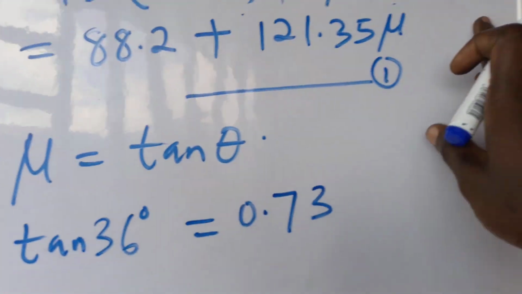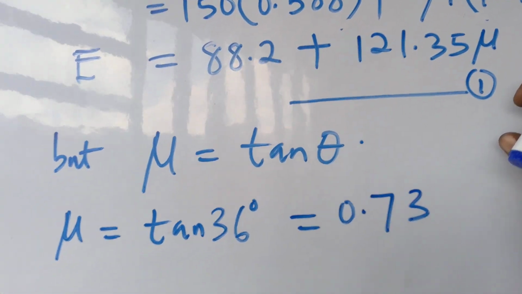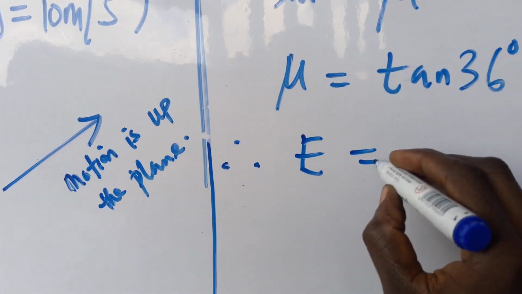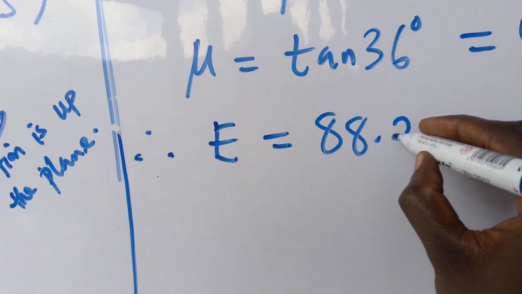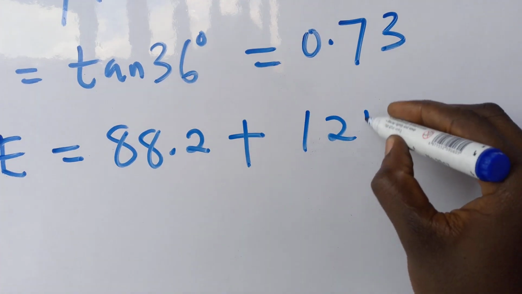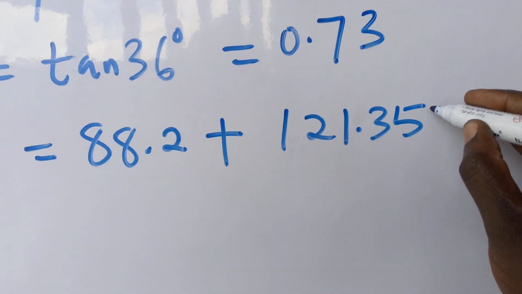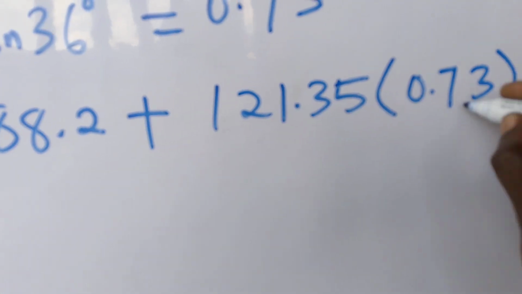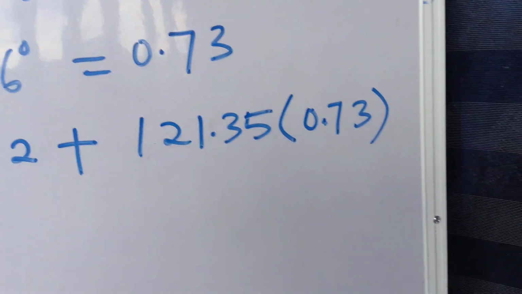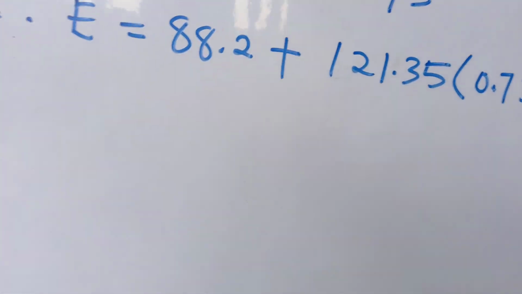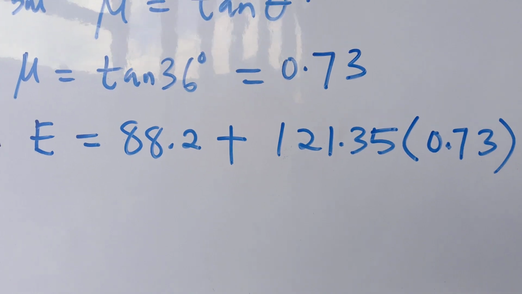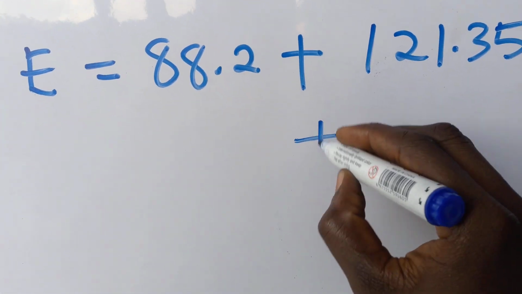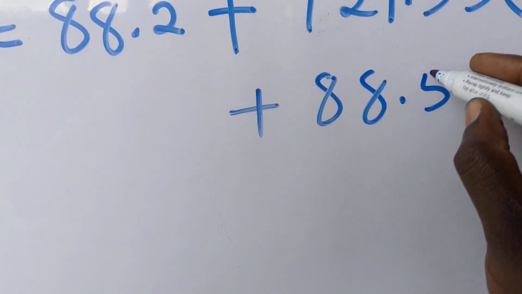Now I put it back into equation 1. So therefore E equals 88.2 plus 121.35 multiplied by 0.73. So 121.35 times 0.73 will give us 88.59.